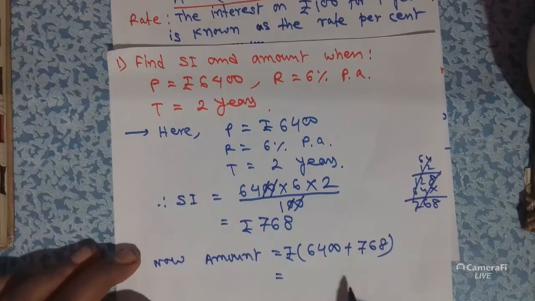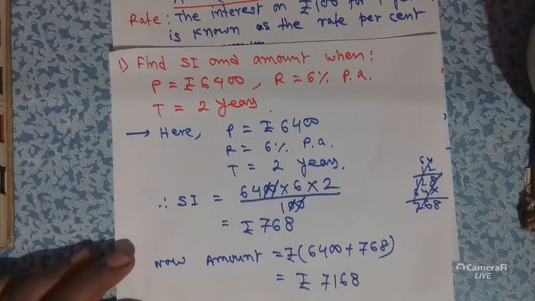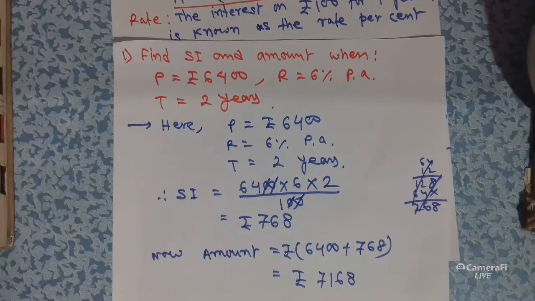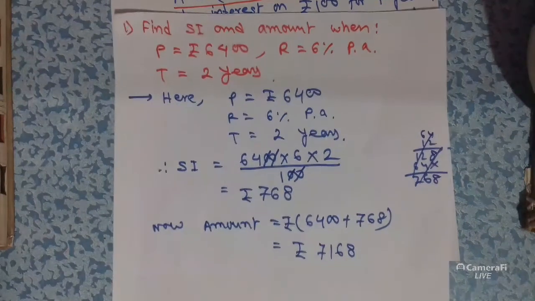Now calculate it. So the amount is 7168. 7168 is the correct answer. Now we have to write the answer: simple interest is rupees 768 and amount is rupees 7168.